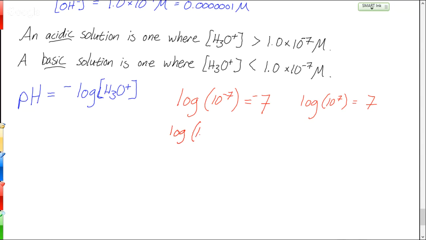So log of 1 times 10 to the minus 7, 1 times anything is just itself, right? So that is also just negative 7. So you're getting the exponent back. Now that's super easy as long as the number is just 10 to the something. When there's other stuff in front, like if instead of 1 times 10 to the minus 7, it's 3.4 times 10 to the minus 7, well, now we have to use our calculators, because now we're not going to get that to work anymore.